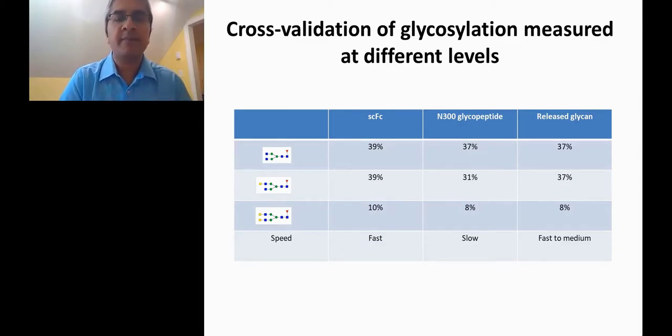We're also trying to calibrate the speed of the analytics required to get this ranking. Obviously the IdeS digestion followed by intact glycoform analysis is the fastest method. The glycopeptide analysis, given the data processing, is a relatively slower method, and the released glycan is somewhere in between.